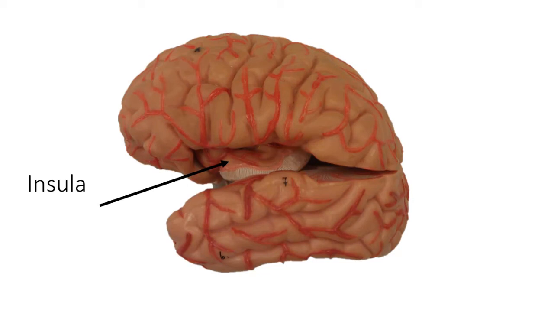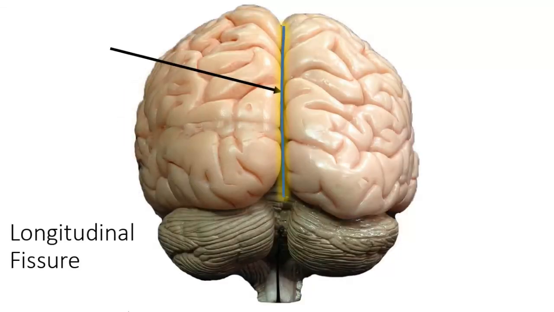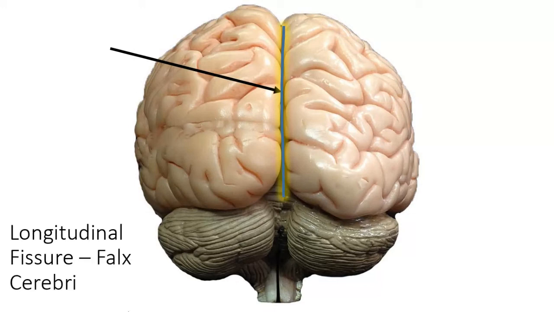Now we're going to talk about some of those cracks and structures and fissures. Here's the longitudinal fissure. That's that space, that deep depression in between your right and left cerebral hemispheres. In the longitudinal fissure, we just talked about this about 10 minutes ago, you are going to have the falx cerebri.